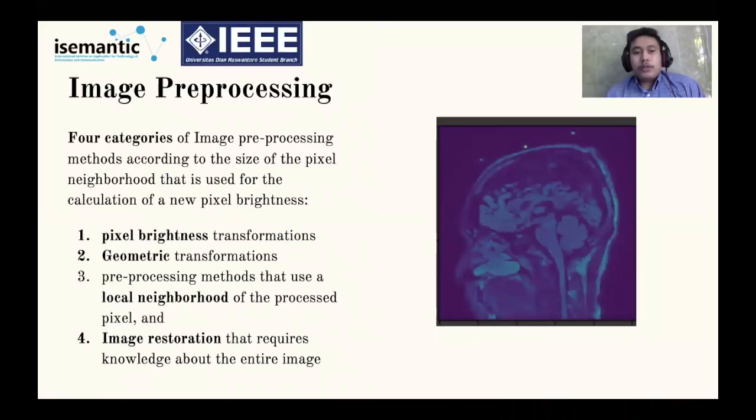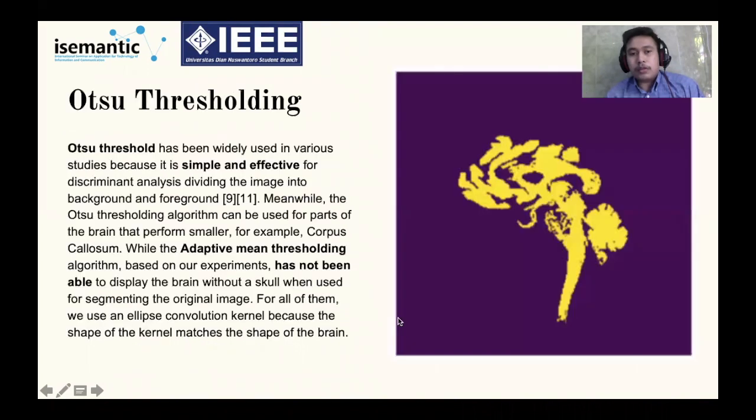The four categories of preprocessing are pixel brightness transformation, geometric transformation, preprocessing methods that use a local neighborhood of the processed pixel, and image restoration that requires knowledge about the entire image.